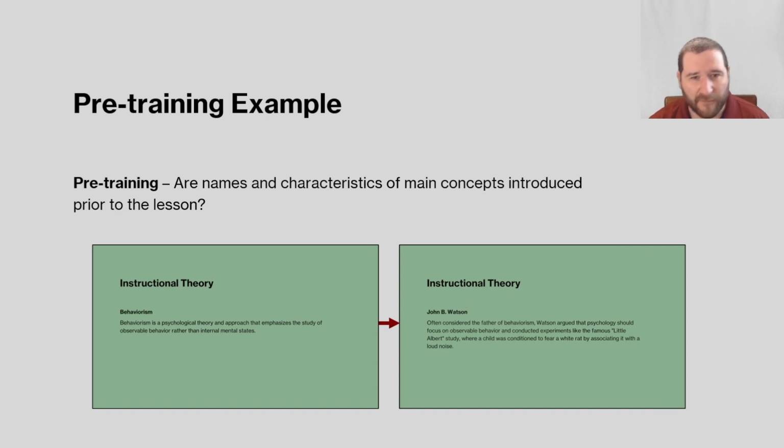They at least have a foundation to start from instead of trying to figure it all out at once. So you can see how this really helps with the cognitive load, where I don't have to deal with the cognitive load of behaviorism on this slide because we've already talked about it. So we've already helped reduce that. Maybe not eliminated, but at least reduced it. So that's the idea with pre-training.